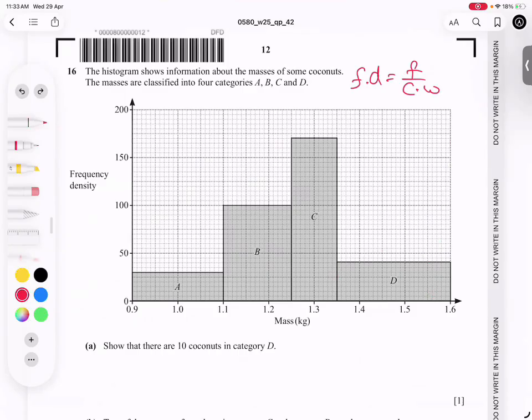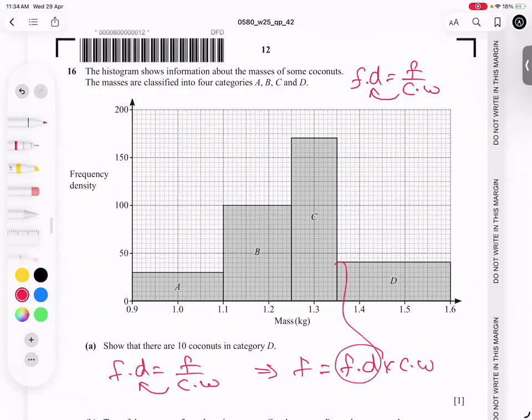The number of things is the area. He is asking for 10 coconuts, so we're looking for the area. So the frequency density formula is frequency over class width, and multiplying, frequency becomes frequency density into class width.